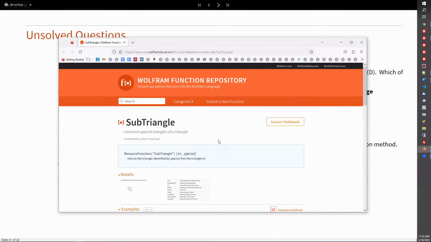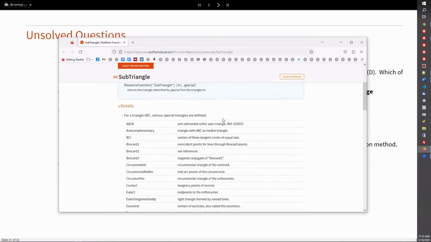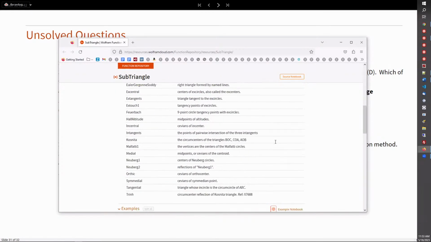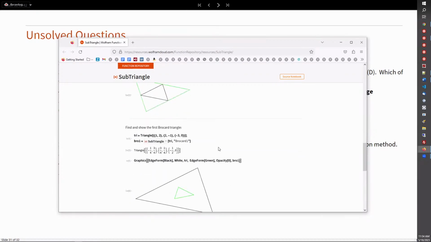All right, subtriangles. We have a triangle and we want a subtriangle, and these are some of the subtriangles. So for example, the anti-complementary triangle is in green here. We basically have this triangle in black. This is the anti-complementary triangle.